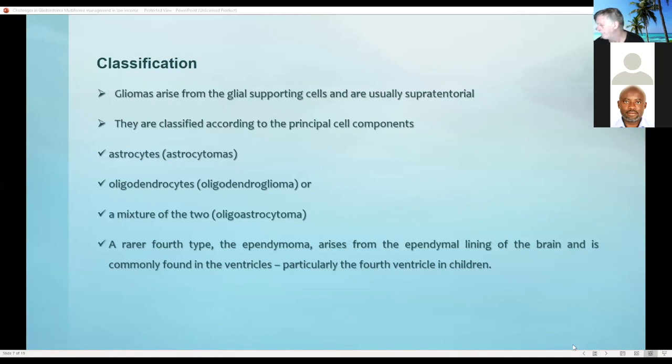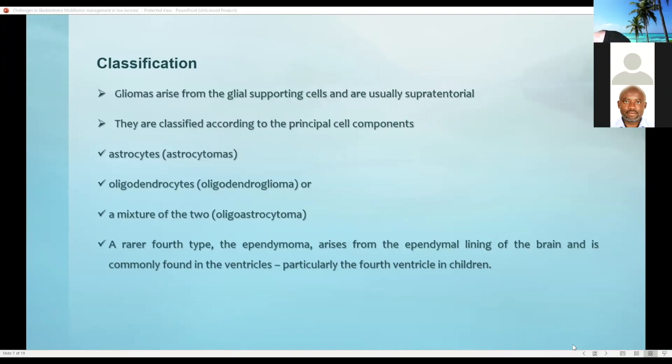So we can have these astrocytomas, oligodendrogliomas, and oligoastrocytomas as a mixture of the first two types of tumors.